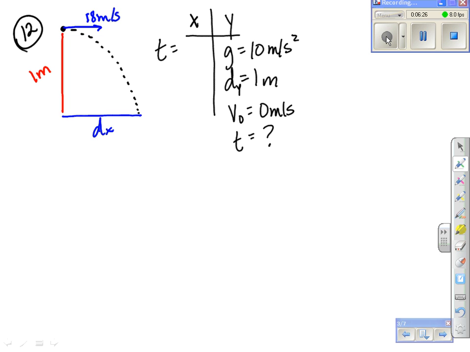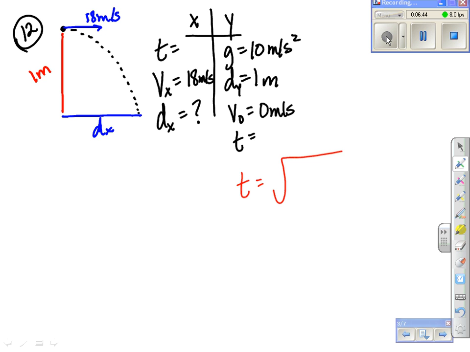We also know the Vx on the horizontal side is 18 meters per second, and we want to solve for the dx. This is what we're mainly solving for. So let's talk about this x of the t real quick. If that's the case, I can solve for t equals the square root of 2d divided by g.